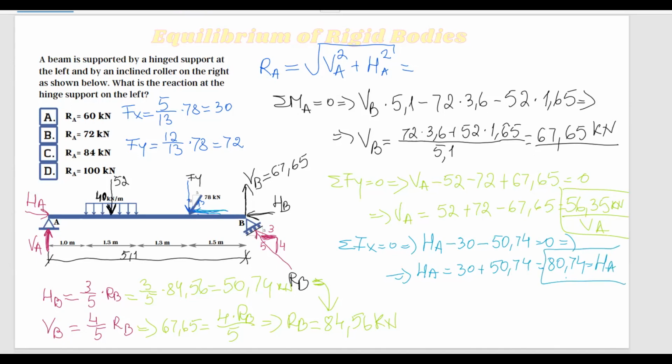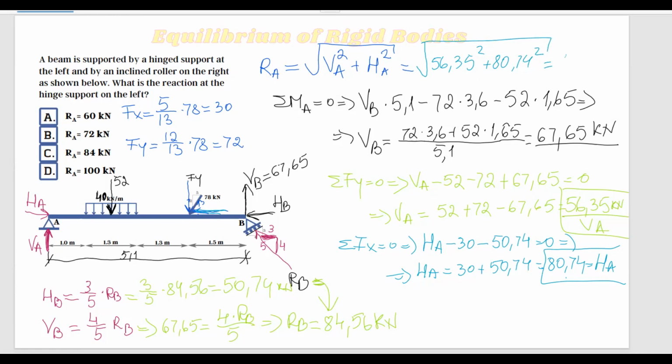So with these two forces known, we can calculate the reaction at the left support, which is equal to the square root of VA, 56.35 squared, plus 80.74 squared. Let's see how much this is.